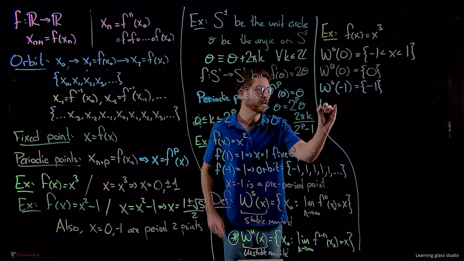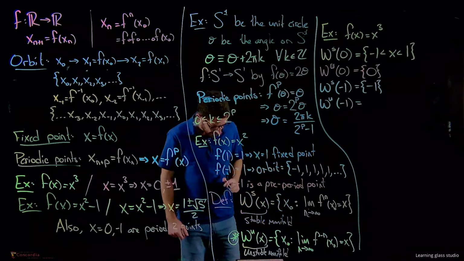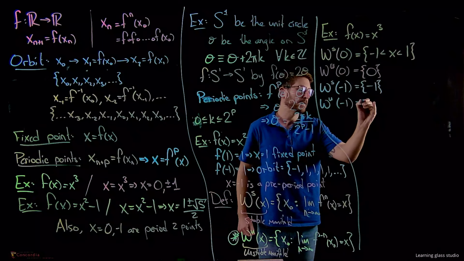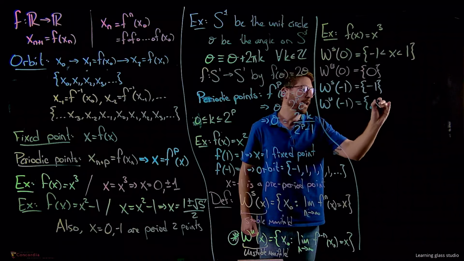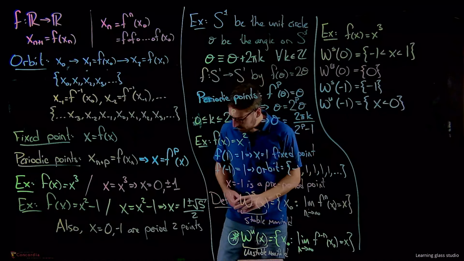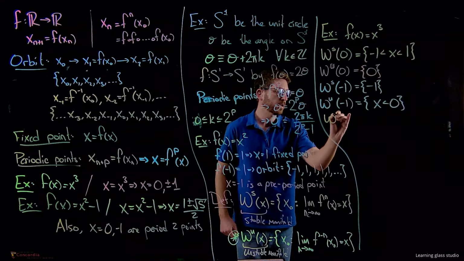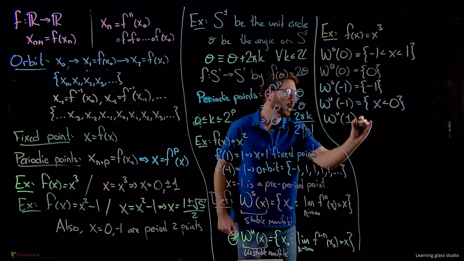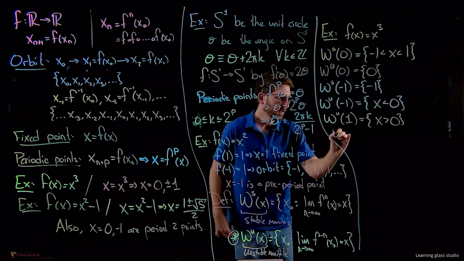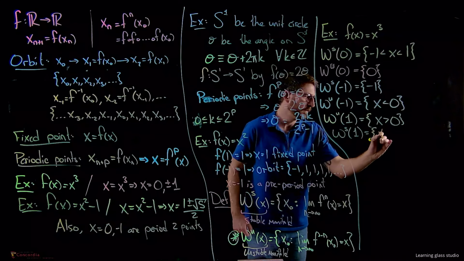That's because the unstable manifold is actually everything on the negative real axis, so this is all x less than 0. And then you can play the same game. You can do this for plus or minus 1. So for the unstable manifold of 1, this is just all of the positive numbers, and the stable manifold is just itself.